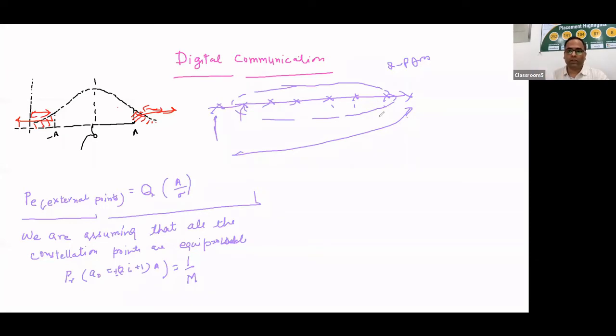It can also be the case that the pulse may have the end point amplitude. We don't know which point is there for the amplitude of the pulse. So when we are calculating the probability of error, we have to take the case that either my point is an internal point or an external point. So we have to consider both the probabilities. That's why first I am saying that the probability to be any symbol is equal for everyone, so it is equal to 1 upon M for M-ary PAM.